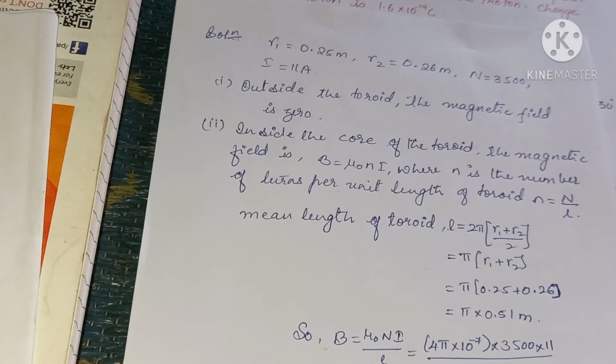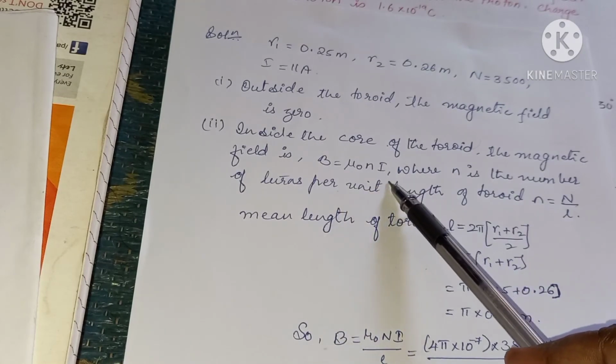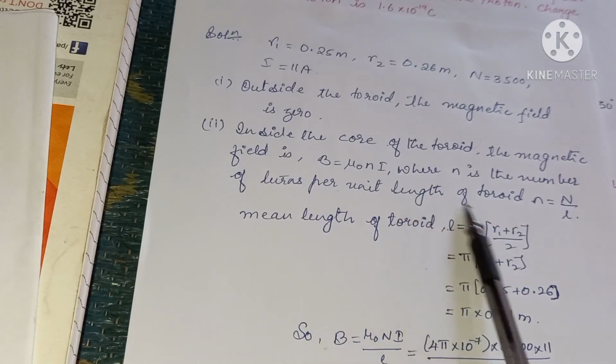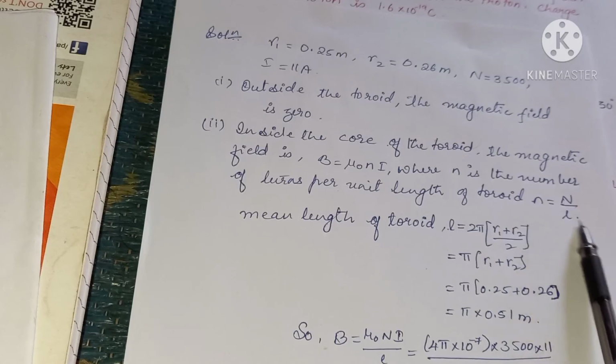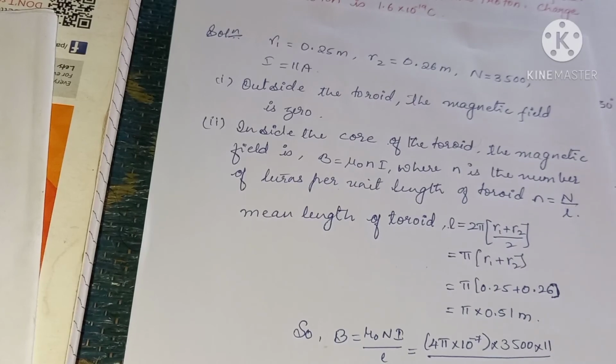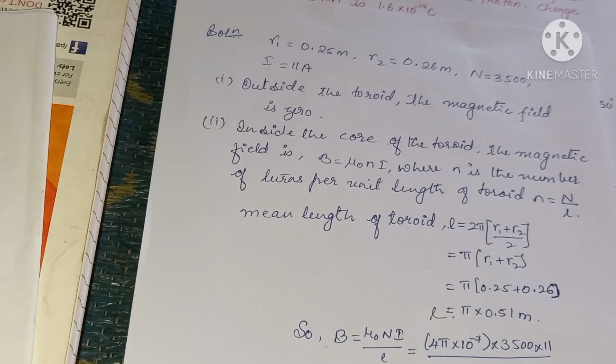Inside the toroid the magnetic field is B equal to mu naught n I. Then n equal to N upon L, so mean length L equal to 2 pi into (R1 plus R2) by 2. 2 gets cancelled here, pi into R1 plus R2, substitute all this, so you get the length as pi into 0.5 meter.